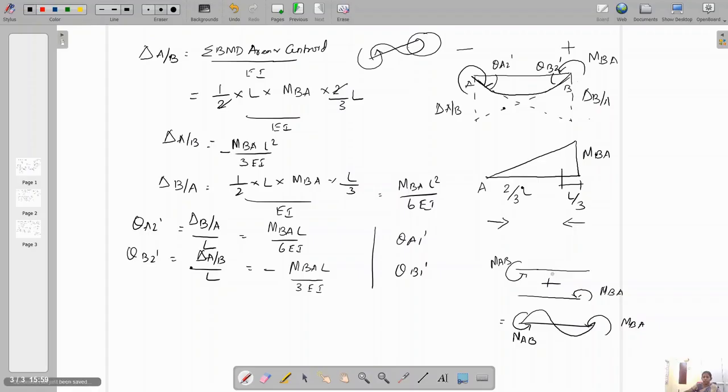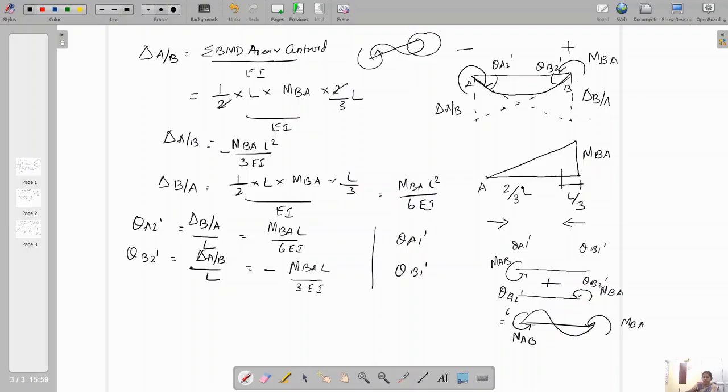So it is a method of superposition. In this we got theta A1 dash and theta B1 dash. In this part we got theta A2 dash and theta B2 dash.